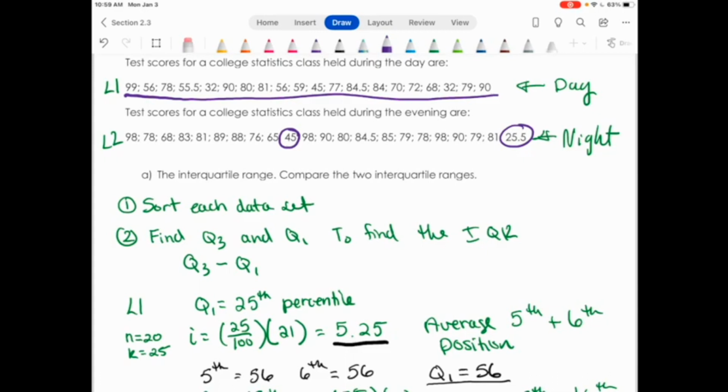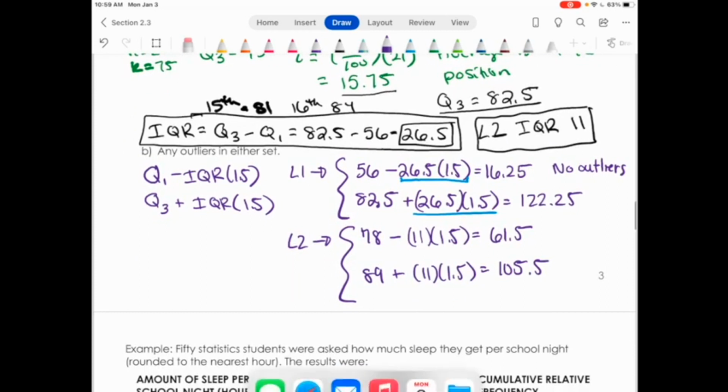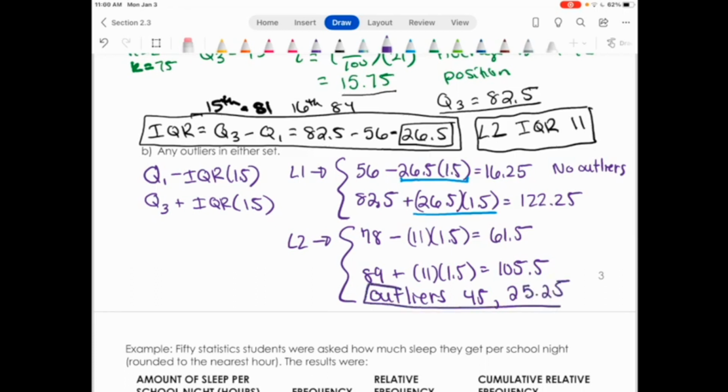So no outliers on the high end for list 2. So I am going to put down there are outliers, 45 and 25.5 for that second list, but they're both lower values.